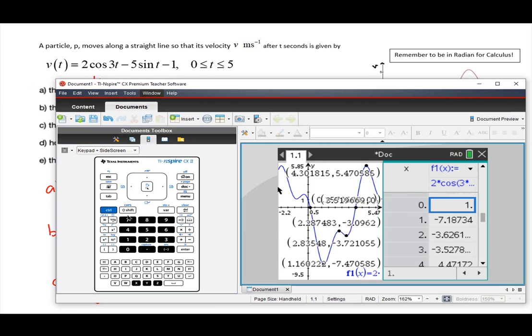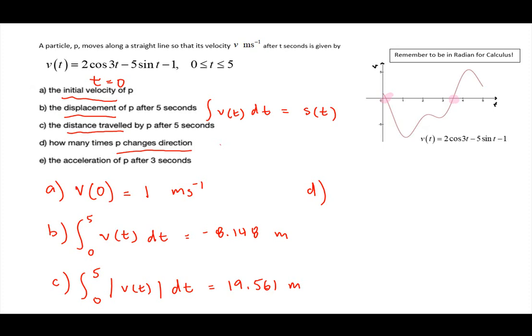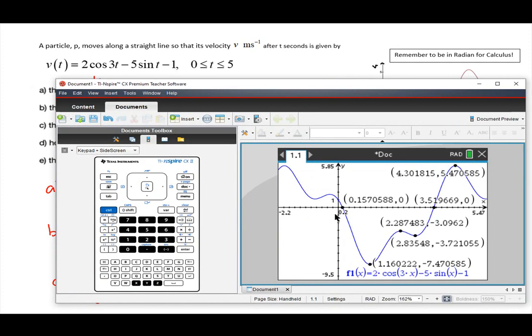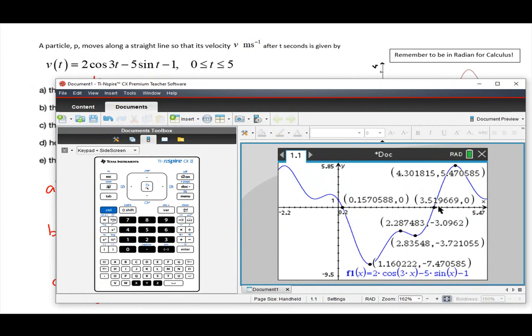I get out of the table, Control T. So when I graph this, my x-intercepts are 0.157 and 3.519. So t is approximately 0.157, and then t is approximately, if we round to three significant figures, 3.52.